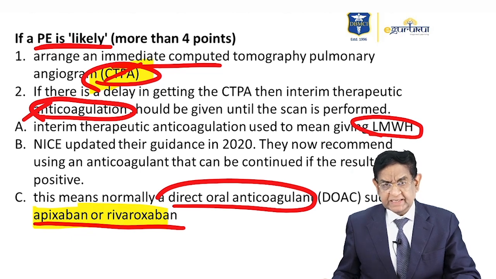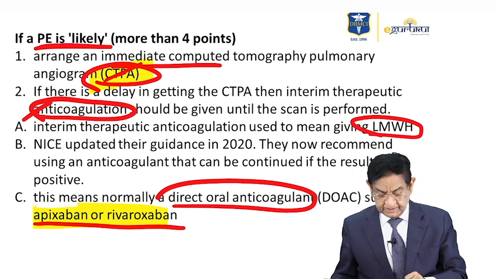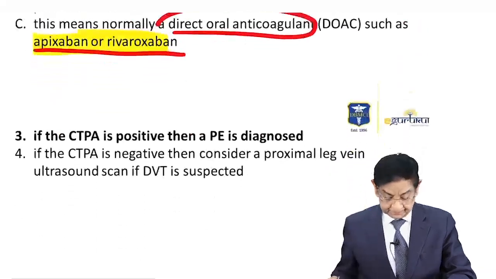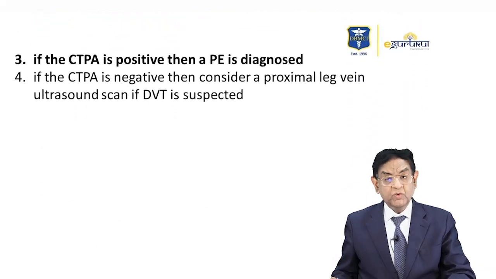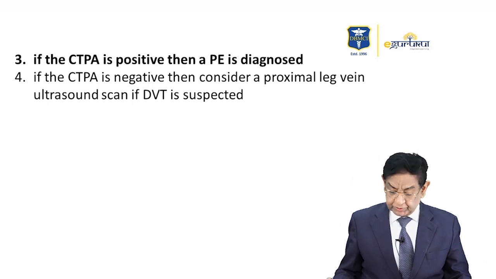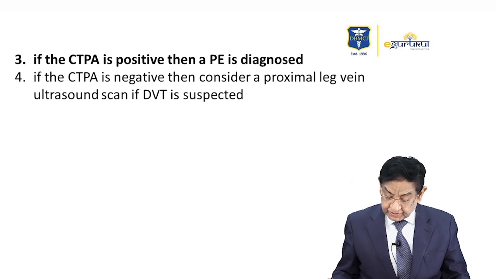NICE guidelines, let us say, low molecular weight heparin is not the first line. Now apixaban and rivaroxaban are the first line treatment. Well, CTPA has been done and the report is positive. Okay, so what to do?